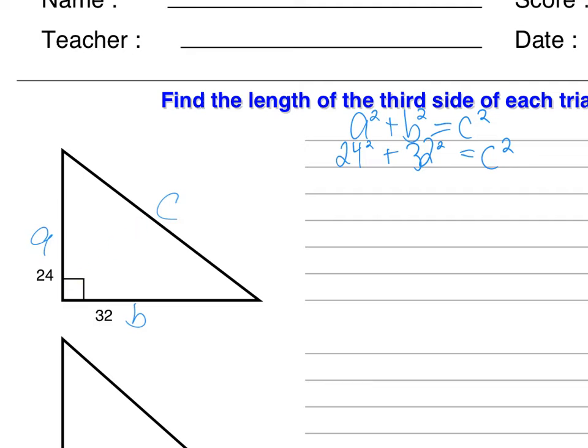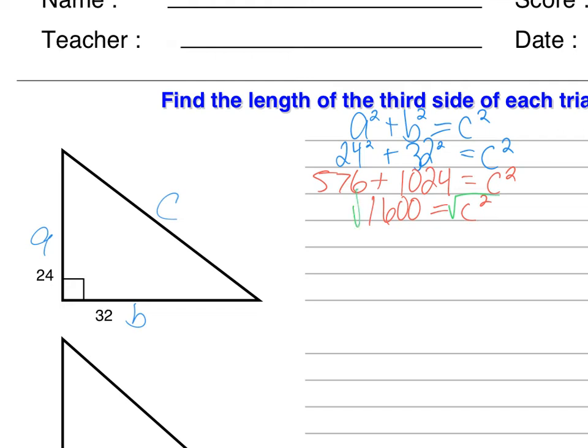So I've got 24 squared, it's 576, plus 32 squared, which is 1024, is equal to c squared. Add those up. That gives me 1600 is equal to c squared.